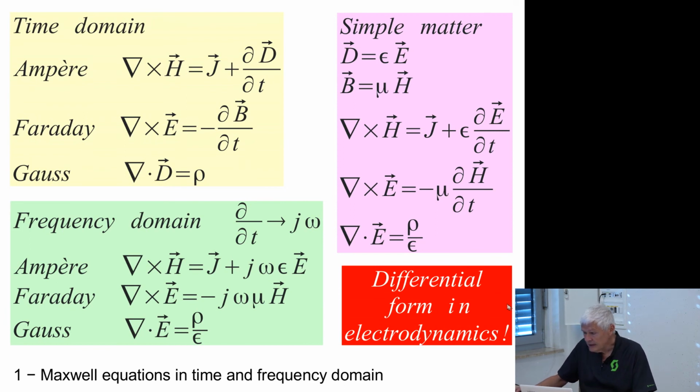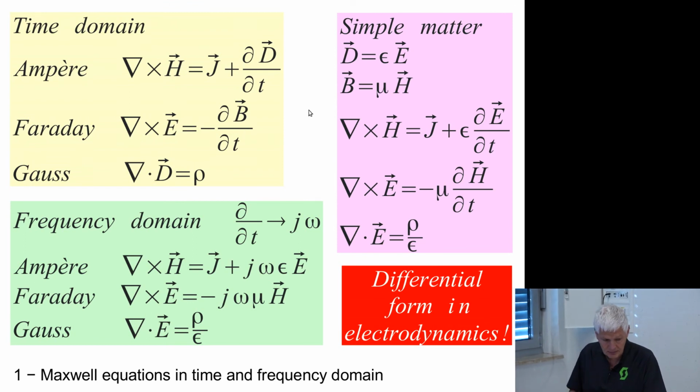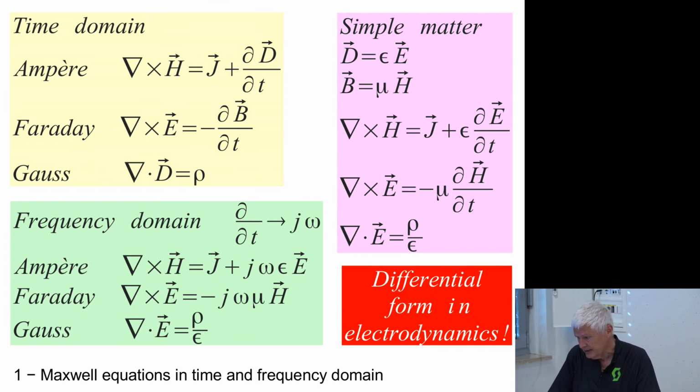In electrodynamics, we have to use the differential form. Maxwell equations were first written down in integral form, but the integral form is very cumbersome, and it is very difficult to handle electrodynamics with it. It is very difficult to handle delays if the surfaces, volumes and lengths are comparable to the wavelength, because the delays caused by the finite size of our components are caused by very large phase shifts.